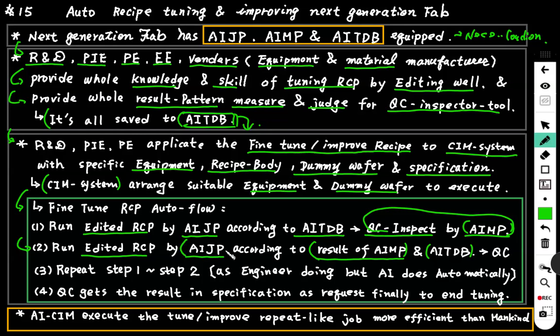So AIJP reviews the result of QC inspect by AIMP and listens to the AITDB's suggestion to edit this recipe, and runs this recipe, then does the QC inspect by AIMP.